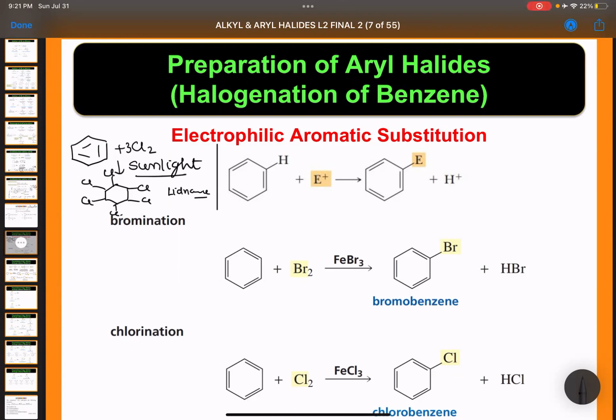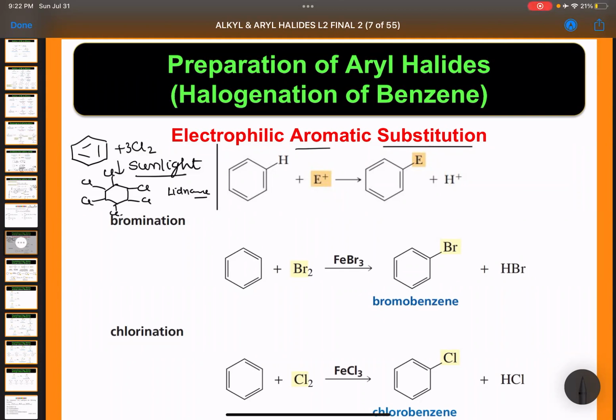If you want to attach 1 Cl to the benzene, you need to remove H from that position, because you can't exceed the number of bonds, you can't exceed the tetravalency. Carbon can make 4 bonds. So if you are putting Cl, you need to remove H from that position. So it is a substitution reaction.